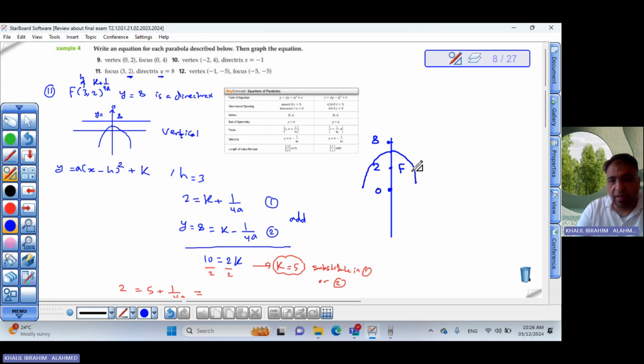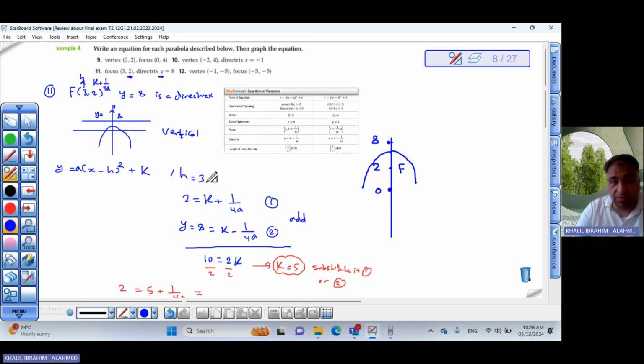That gives us the form of the general formula in this way: y equals a times x minus h squared plus k. This is the general formula for this direction. H equals 3, it didn't change because the change is on the y-axis, not on the x-axis, as you see here.